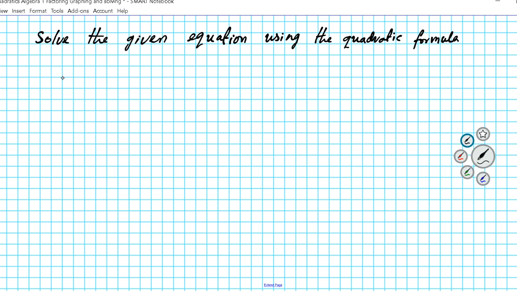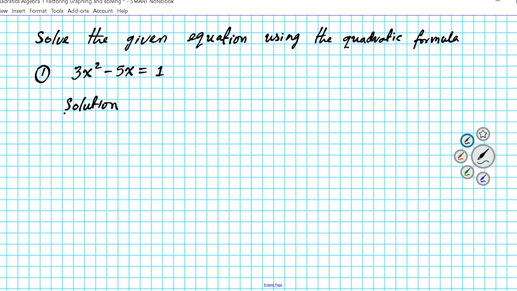Okay, all right, so question number 1. Let's say we have the quadratic equation given by 3x squared minus 5x equals 1. All right, so we're going to solve this using the quadratic formula.